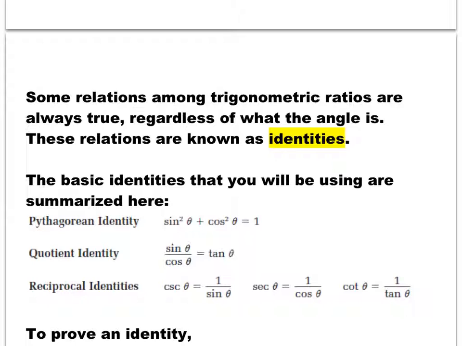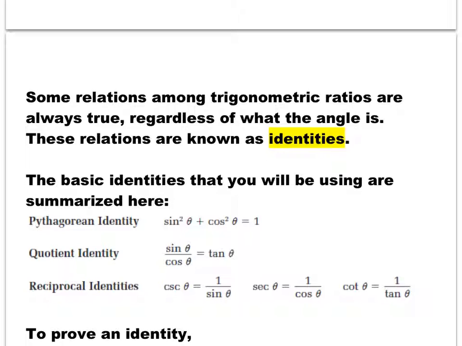Now, there are some basic identities that are given. You accept them, although we can still prove them, and we are going to prove one of them today. But in any test later on, when you have to prove an identity, there are some identities which are the base. Everybody accepts that they are true.